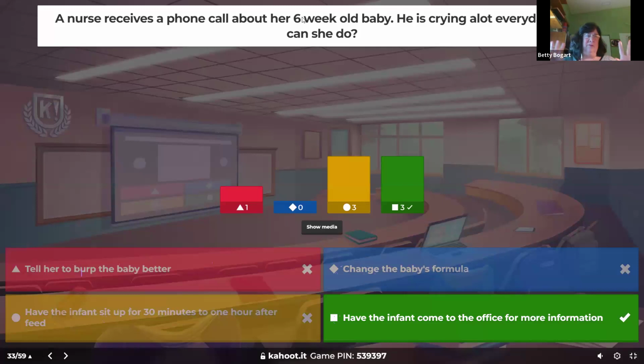They have no immune system except mom's. They're at a high level of risk. They're crying a lot. It may be just formula or burping or whatnot, but you can't determine that over the phone. They must be examined by a physician. They need to come to the doctor, okay? Very important. If they're crying that much, they're concerned, they need to come in. It could be something serious.